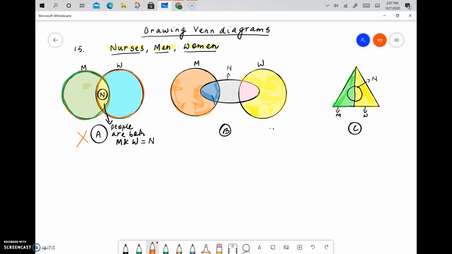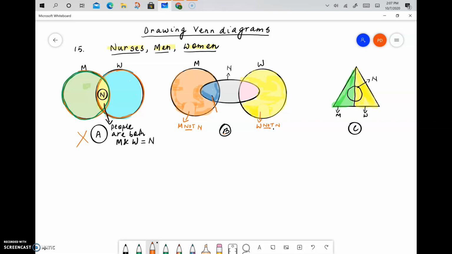But then now we have to explain each of these regions. The yellow region is women, but not nurses. So they're women who are not nurses. The orange region or the tan region is men who are not nurses. So that makes sense.